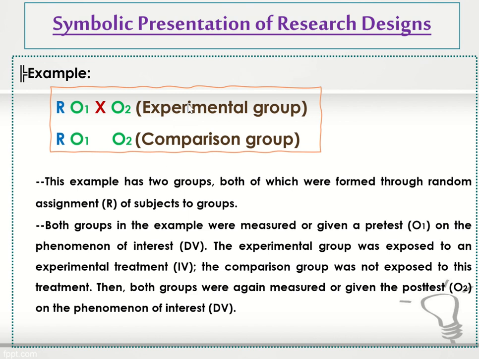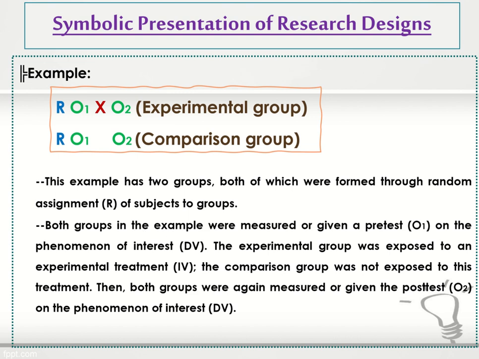So, both groups, itong experimental tsaka comparison group, were measured or given a pretest as indicated by O sub 1. Okay? So, parehong grupo may O sub 1. Ibig sabihin, we had a pretest on the phenomenon of interest or our dependent variable.